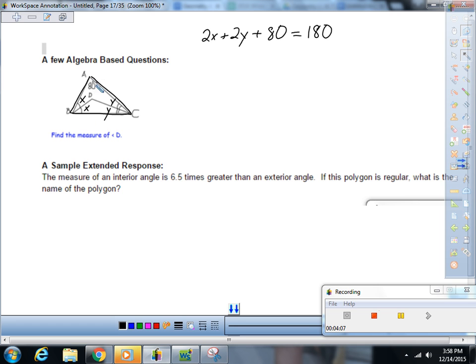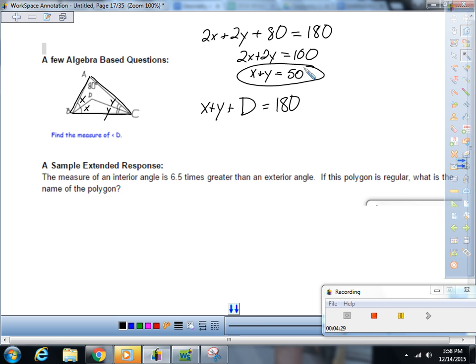Well, if I move the 80 first, 2X plus 2Y is 100, so X plus Y is 50. I also know that X plus Y plus D is equal to 180, but X plus Y is 50, so 50 plus D is 180, so D is 130.